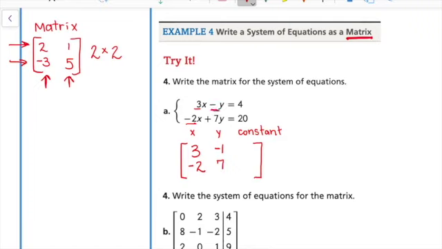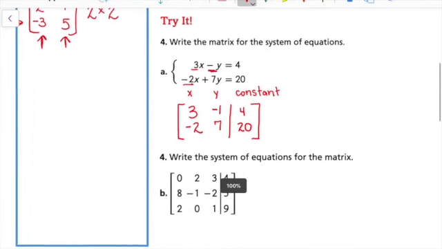Be very careful: anytime there's a minus sign there, that does make it negative. And then proper terminology says that we put a line there to show that we are augmenting this matrix, and our constants are 4 and 20. In our next video, we're going to learn what we're going to do with that, because we will actually do something with it. But for now, just know that that's how you write it.